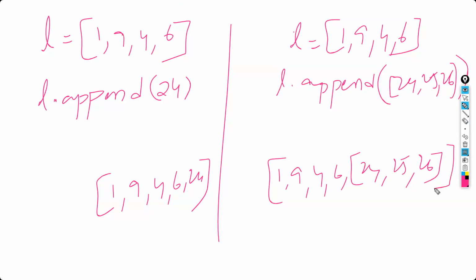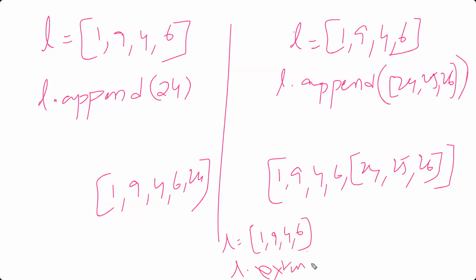Now third one is L is equal to 1946 only, and L dot extend of 24, 25, 26. What is the answer of this one, guys? So separately 1946 and 24, 25, 26 will be added separately.